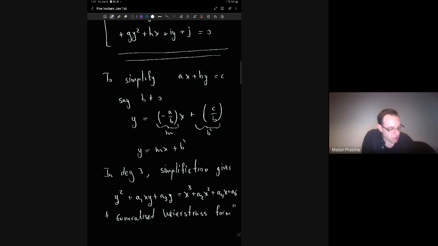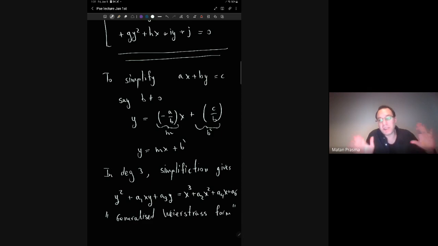A degree 3 polynomial in two variables is called a cubic. By a change of variables, I can turn any cubic into a generalized Weierstrass form.